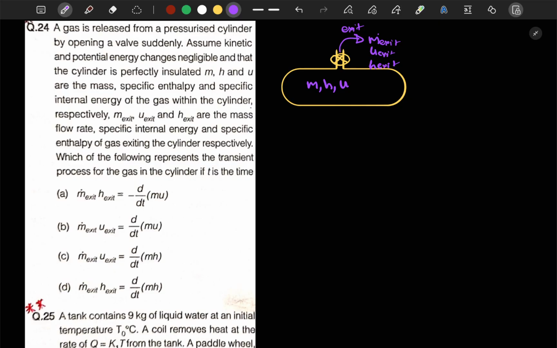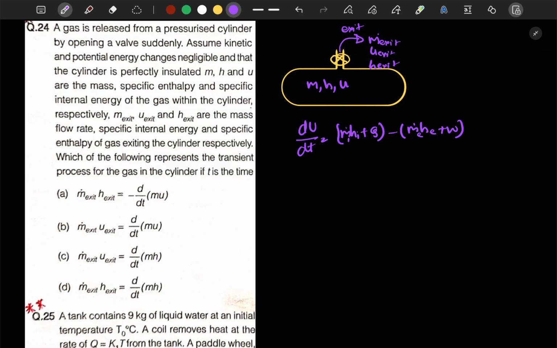Okay, so we can directly use the conservation of energy. From that we get the equation dU by dt is equal to m dot i h i plus Q minus m dot e h e plus W. This is the standard equation which is generally used.